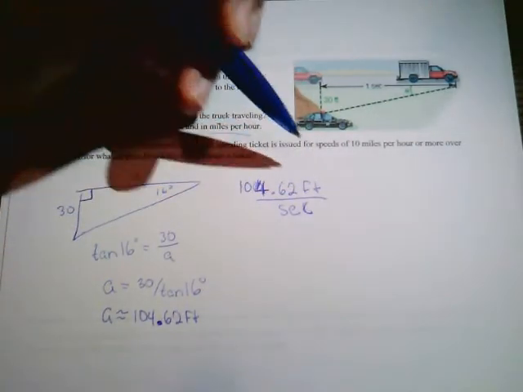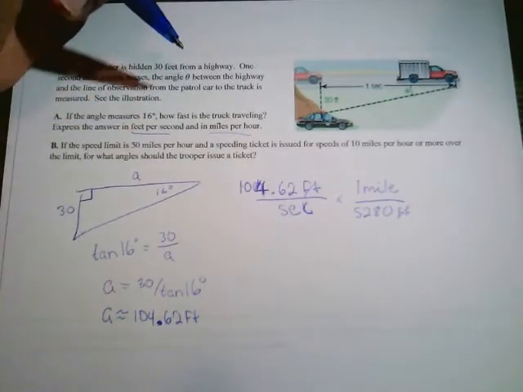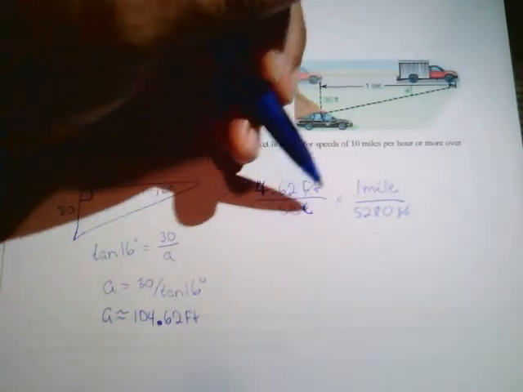We want to have miles at the top. So 1 mile is 5,280 feet. So this will cancel the feet and we'll be left with miles. So now let's cancel the seconds and convert that to hours. So we want hours in the bottom.